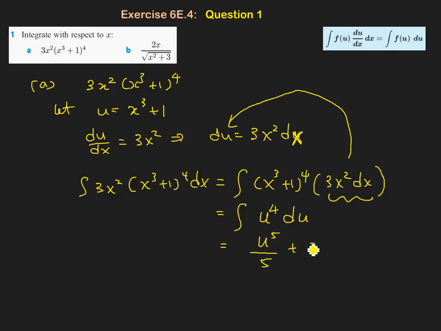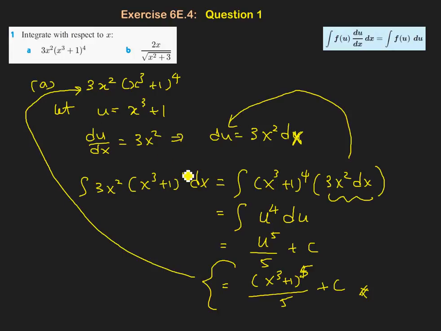Of course, we do not leave the answer as such, and we replace u with x cubed plus 1, to the power 5, over 5, plus c. You can check by differentiating this function and see whether you get this back.